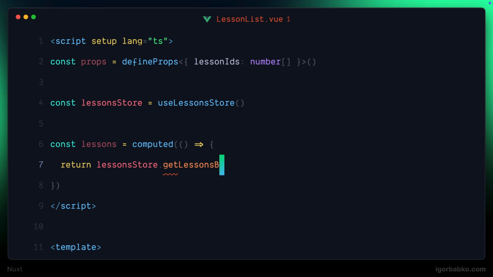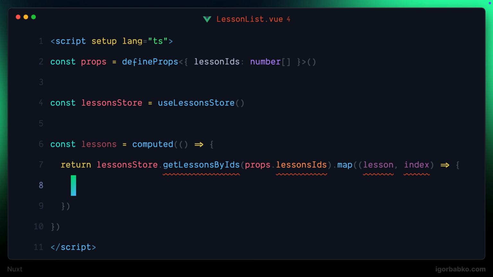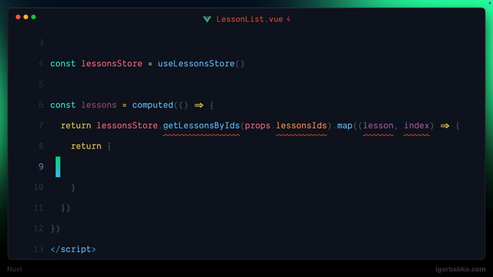We're gonna reach out to the lesson store and call the getLessonsByIDs method, which is not defined yet, which will accept a list of lesson identifiers that we need to fetch. And we're gonna go over each fetched lesson and transform it in some way. Specifically, we're going to add one more property into each lesson object, named number.